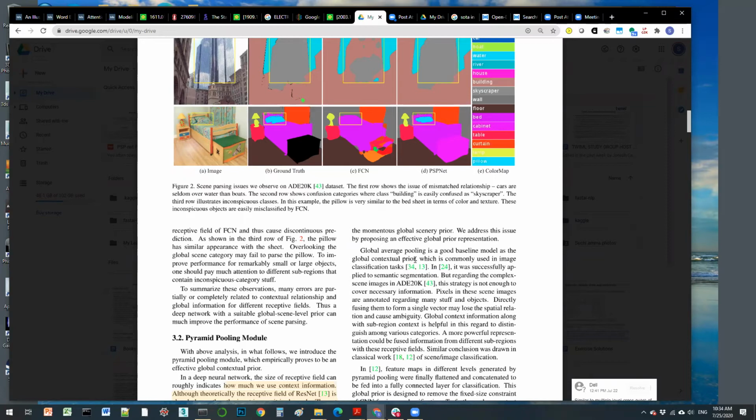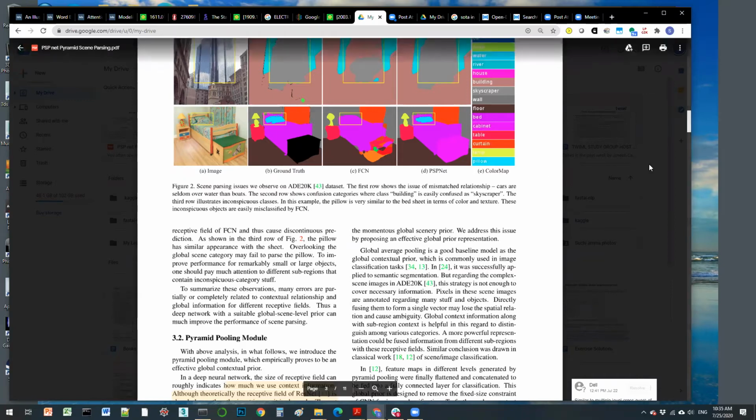So they do an 8x upsampling, but like Steve said, you can stick in a UNet decoder on that side, and that gives much better results.